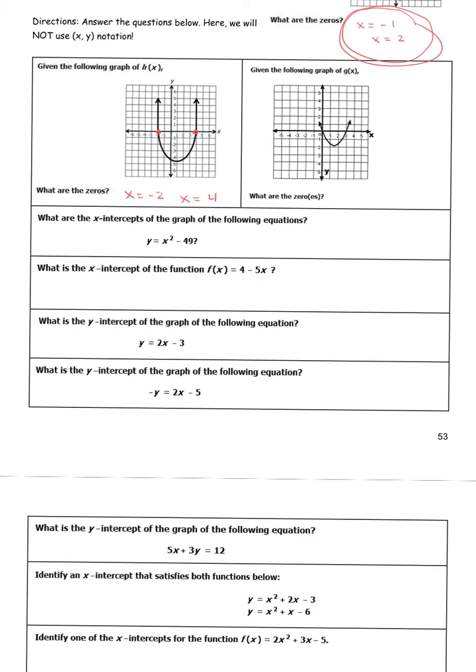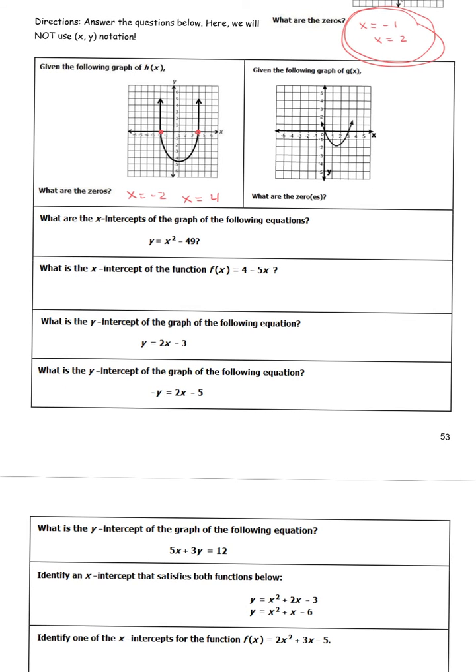All right. Again, it's asking us, now looking at the graph, to find our zeros again. So again, we're looking right at our x-intercepts on the graph. And we find that our zeros are x equals 0 and x equals 3.